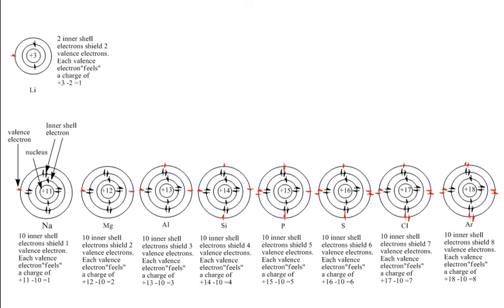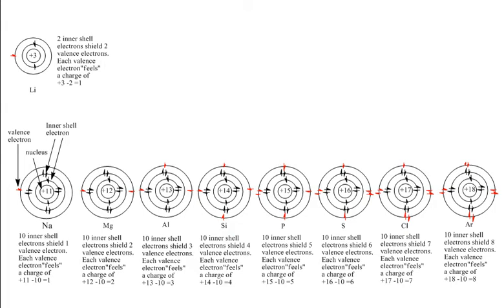I want to talk about the concept of effective nuclear charge, which is usually the term applied to how much of the nucleus a valence electron sees.